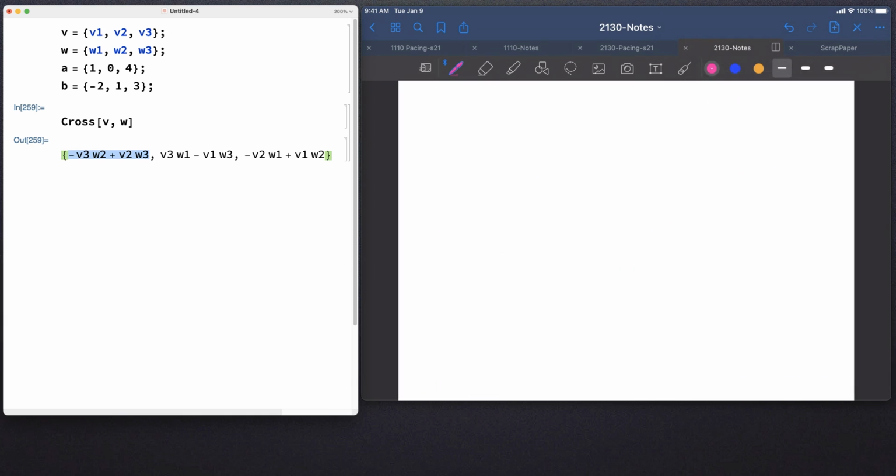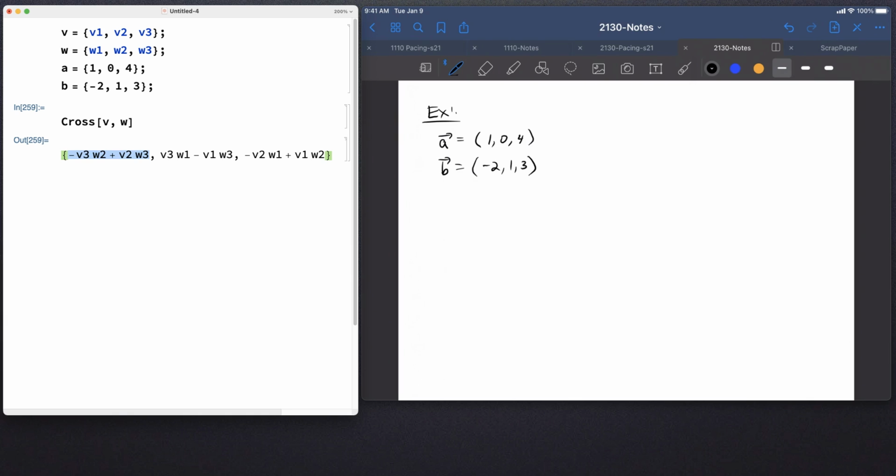Let's go ahead and look just at a specific example of computing this, just before we start looking at properties of the cross product and what the cross product is actually doing. It's probably good to compute an example, or at least another example. More examples, the better, I suppose.